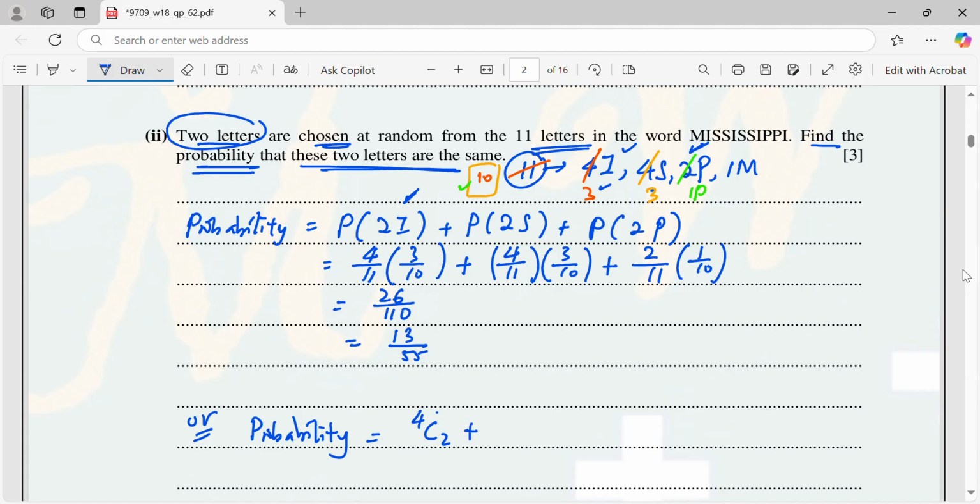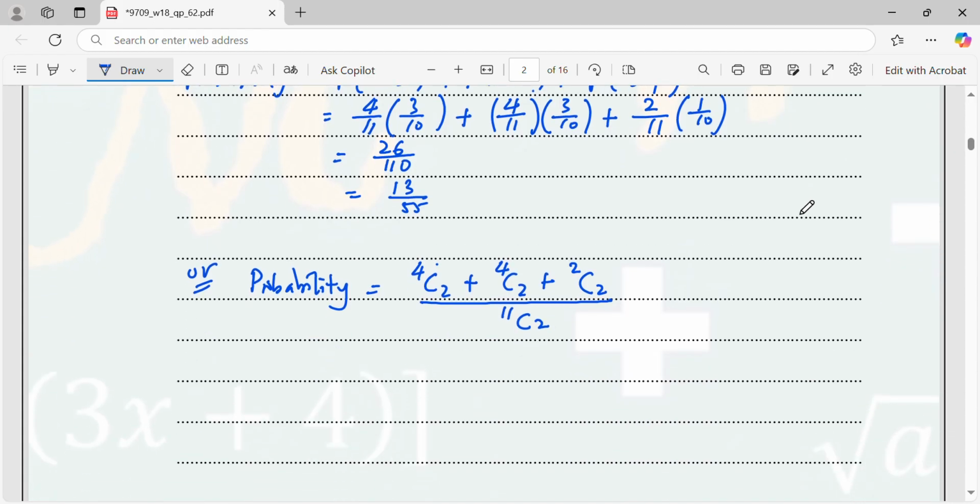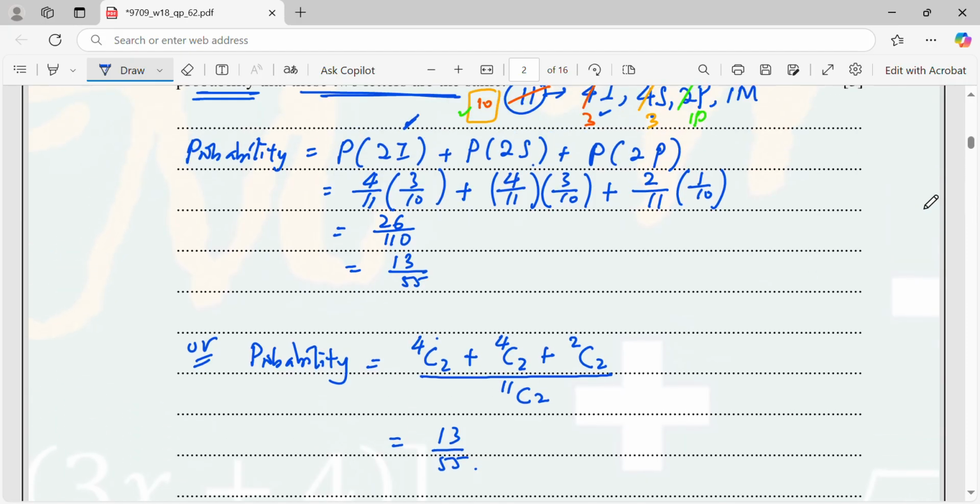Or to get the 2 S's, at first there are 4. So from 4, I choose 2. Or to get the 2 P's, at first I have 2 P's. Therefore, from 2, I choose 2. So over the total is 11, I choose 2. Okay, so this is the alternative method to solve this question. And at last, here is going to be 13 over 55. Okay, so that's all for this solution.